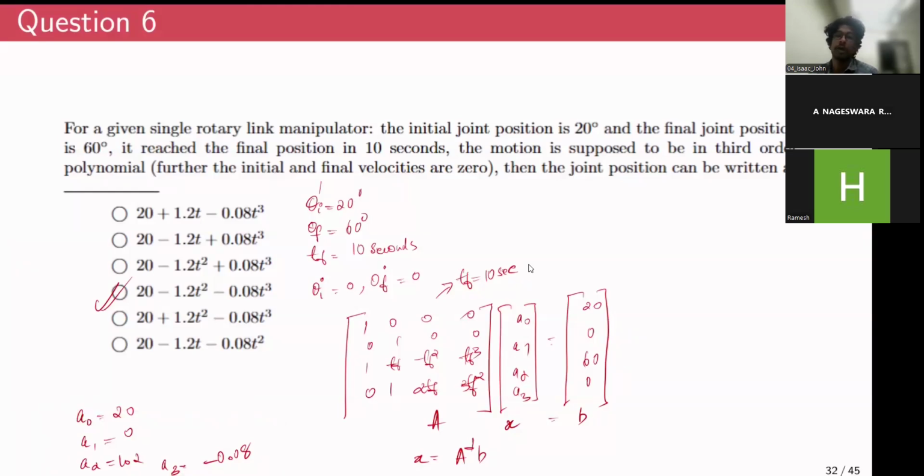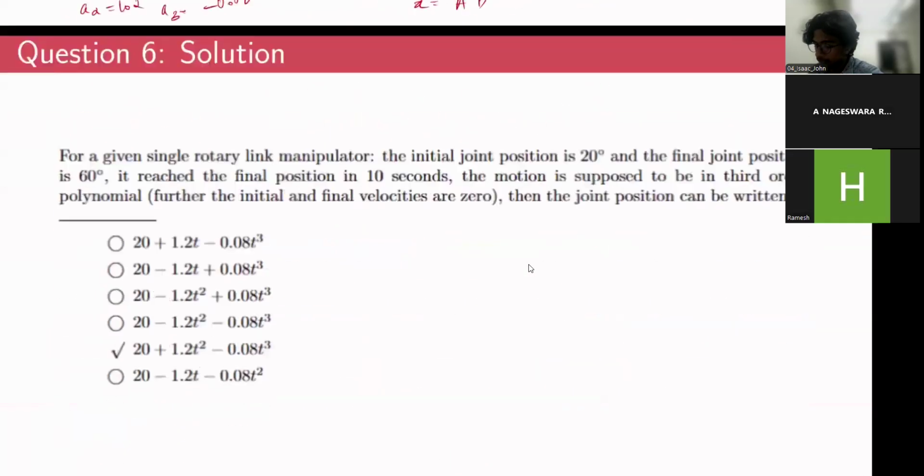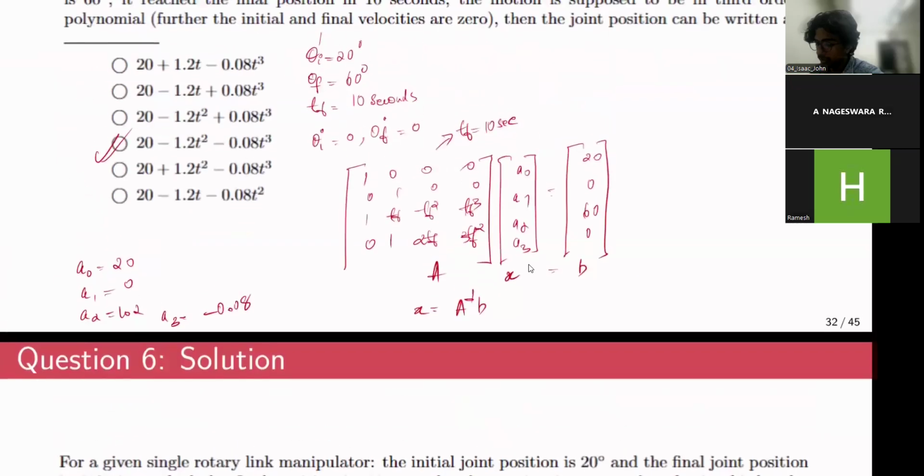You only have to invert the matrix and multiply that with this vector of boundary conditions. So that's question 6. I think the correct option is this fifth option, actually, not the fourth option.